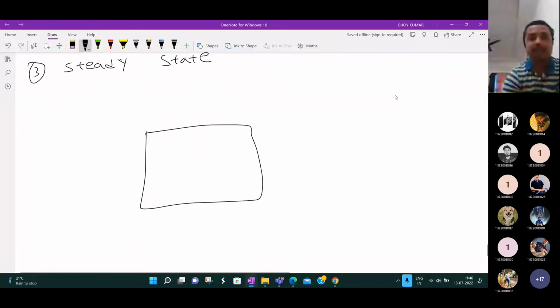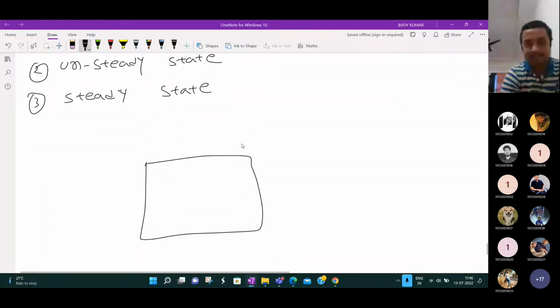How? Let us consider a solid object. Kindly listen carefully. Initially the temperature is 30 degrees centigrade. Let us take positions of 0 centimeter, 1 centimeter, 2 centimeter, 3 centimeter, 4 centimeter. The whole object is now at 30 degrees centigrade.